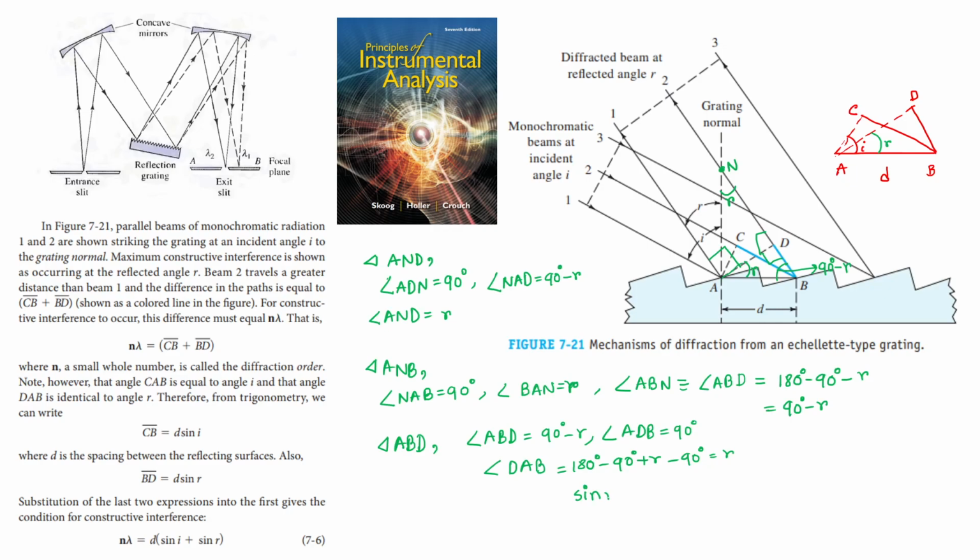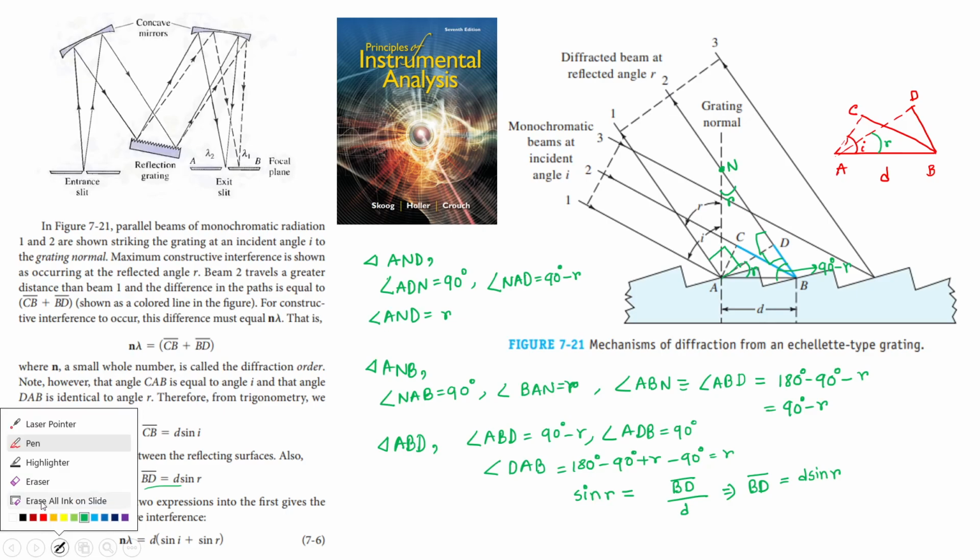sine R is BD by AB, which is D, then your BD is D sine R. Okay, that is how you can get this. And from here, you can see that if you fall into this, n lambda is equal to CB plus BD for a constructive interference, you will get this relationship.